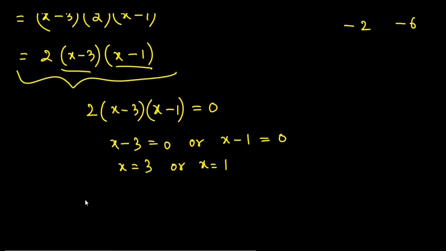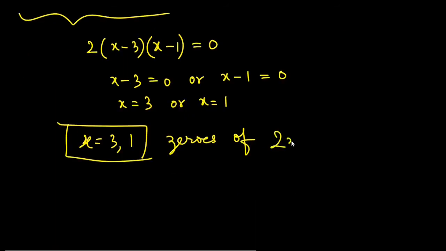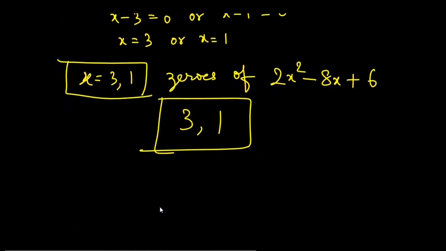So 3 and 1 are the zeros of the quadratic polynomial 2x square minus 8x plus 6.